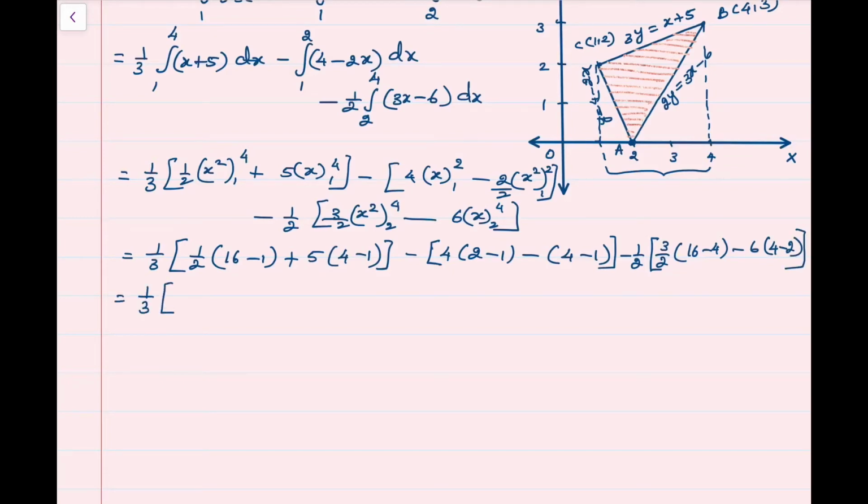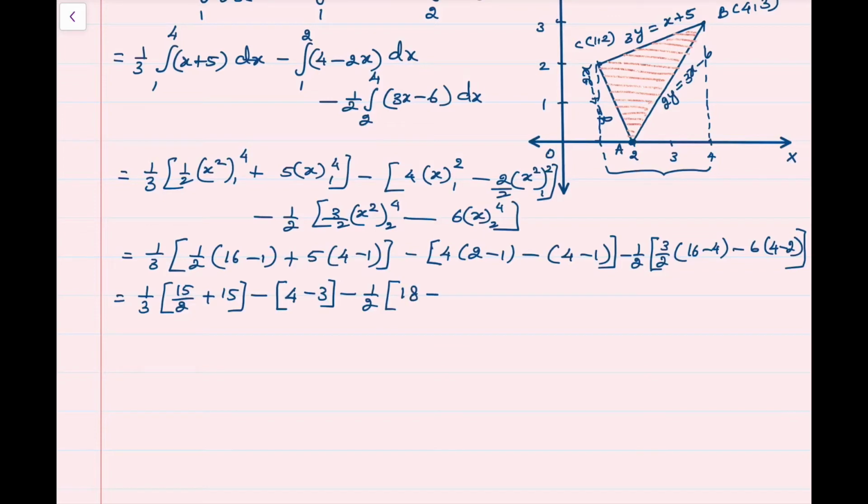And this is 15 divided by 2 plus 15, minus 4 minus 3, minus half into 12 divided by 2 is 6, 6 3s are 18, minus 6 2s are 12.